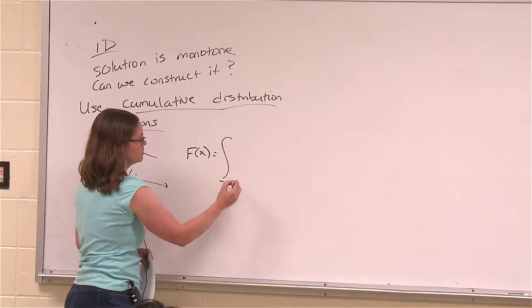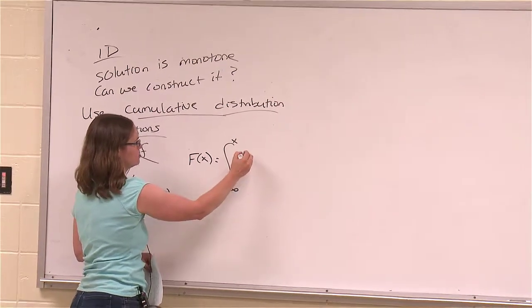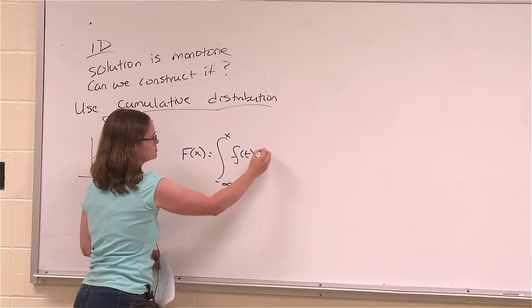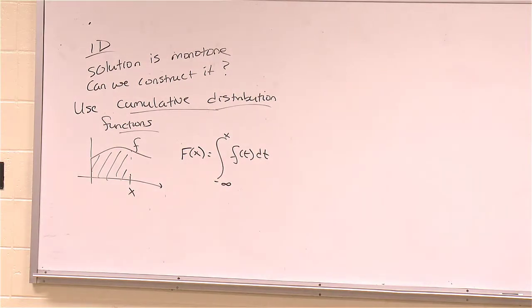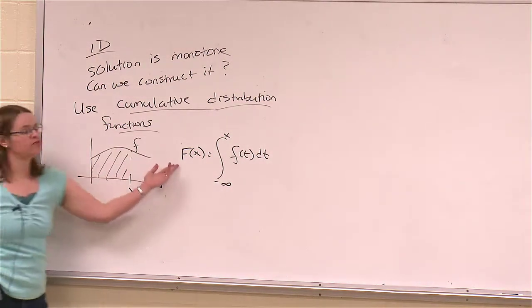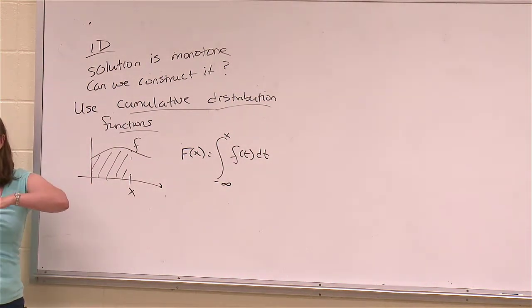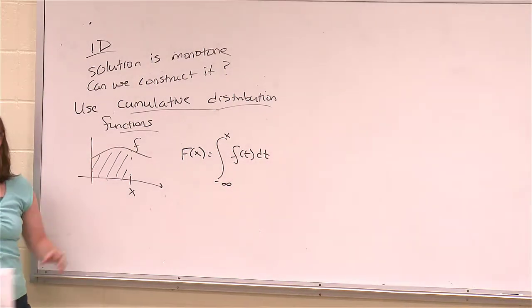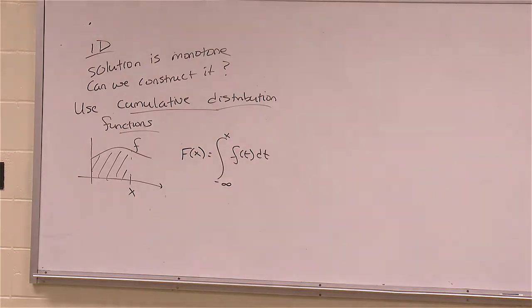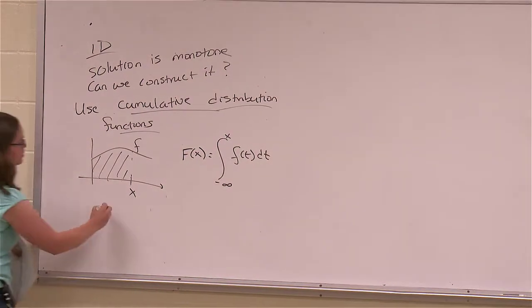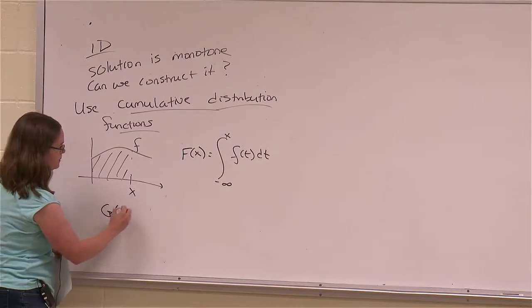So say from negative infinity up to x. Okay, and capital F is going to be obviously a monotone non-decreasing function, right? Because as we go farther and farther to the right, we gain more mass. Okay, and similarly, we can write down capital G.